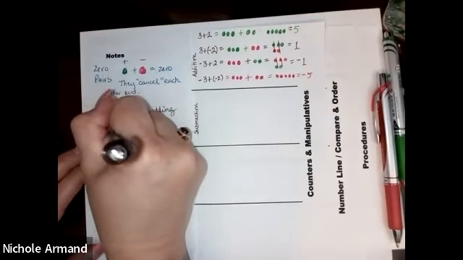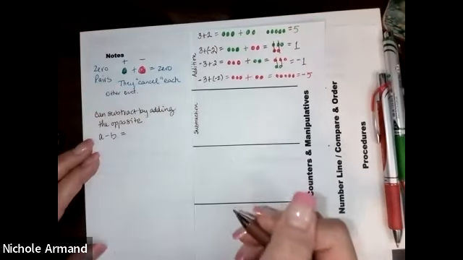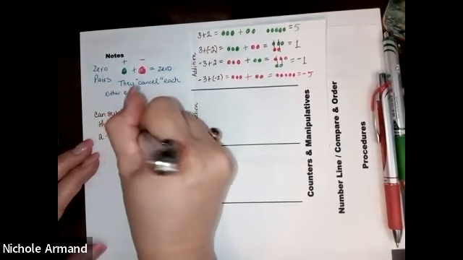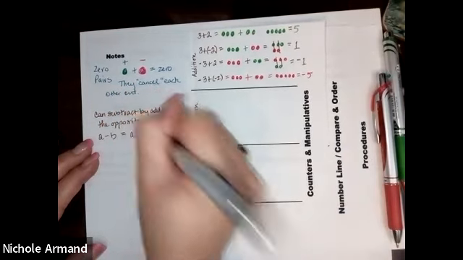So that means that if I want to say A minus B, then I can instead say that this is A plus negative B.